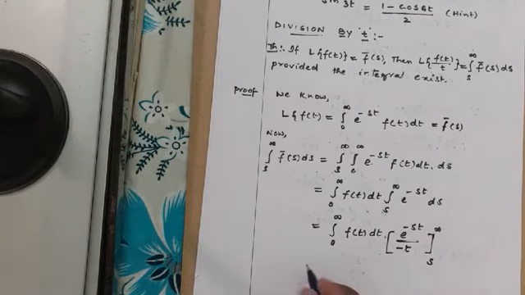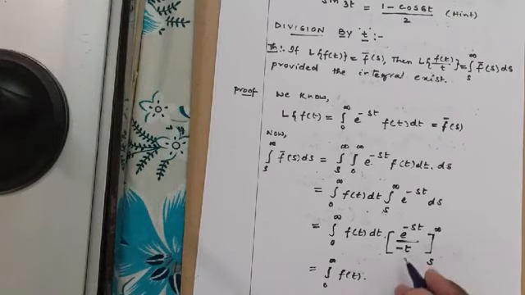Okay, so now after that, this is equal to, now when you apply the limit, I can write that as integral 0 to infinity f of t into, I write dt outside afterwards, so I can apply the limit here, upper limit minus lower limit.